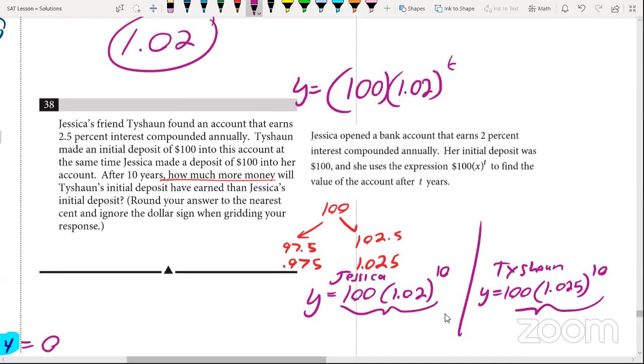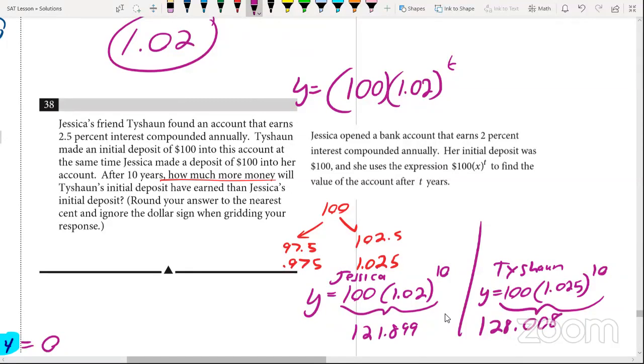Throwing each of these in our calculators, we get 121.899. And here, we get 128.008. The question says how much more?